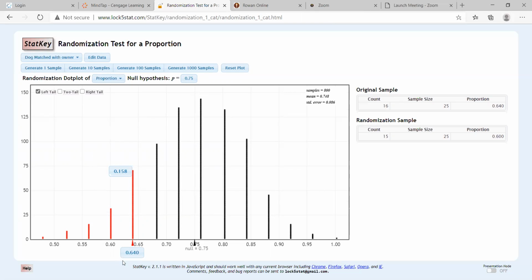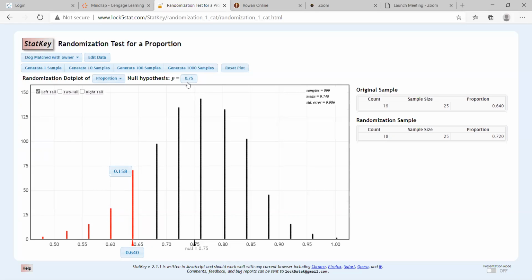And that's because the sample statistic of 0.64 is not sufficiently far away from the null value of 0.75 to conclude that we could reject the null hypothesis. It has to be sufficiently far away. That means the p-value has to be less than or equal to alpha, which is 0.10, and it's not. Its p-value is bigger than alpha. All right, so that's how we would do a test for a proportion.